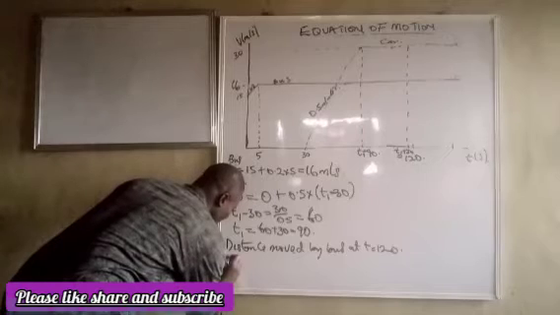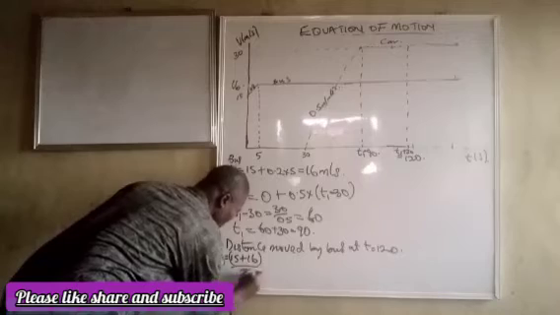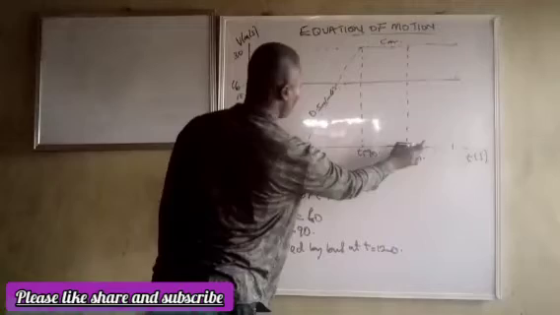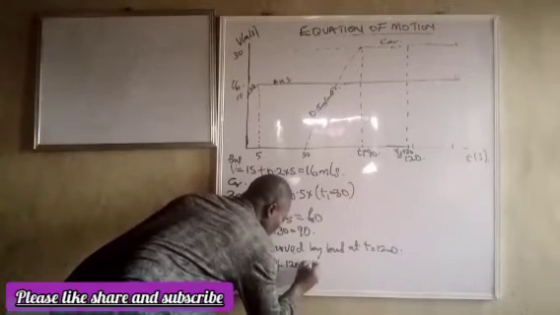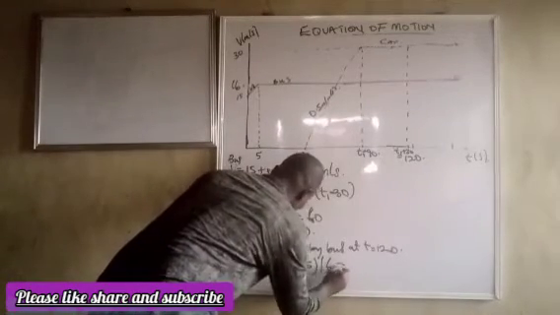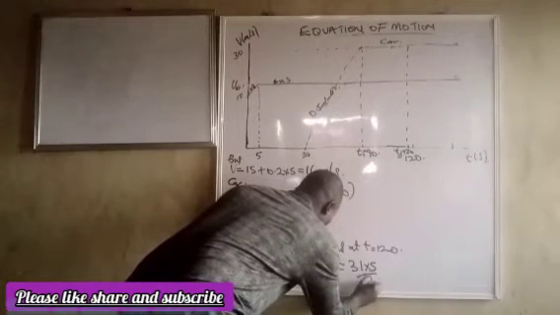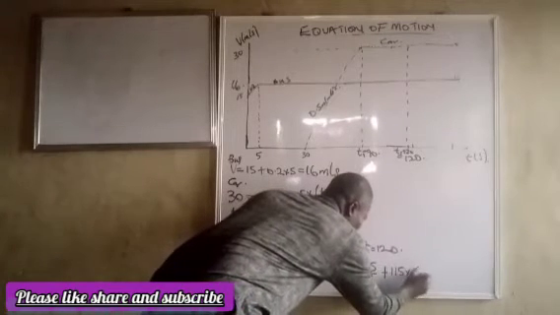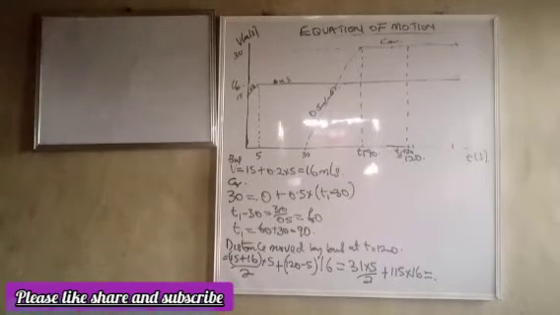Let's do that. 15 plus 16 over 2 times 5 plus 120 minus 5 times 16. That is 31 times 5 over 2 plus 115 times 16. That is the distance moved by the bus.